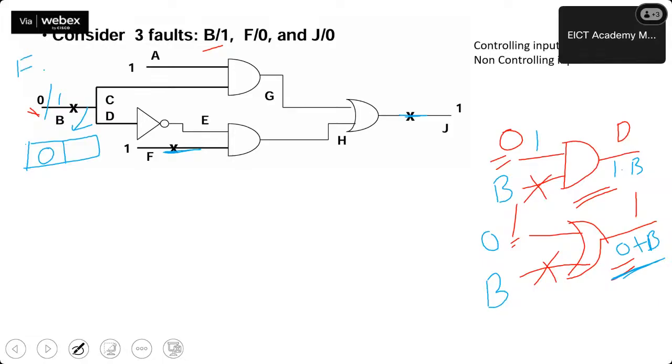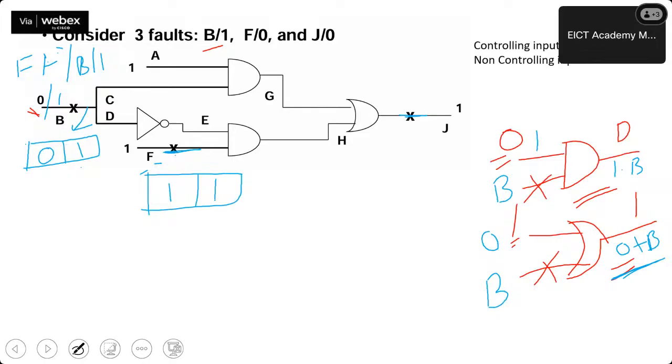First I'm going to take the fault-free and then the faulty. B/1, that is faulty, so the next one is 1. Likewise, I'll go for the next one. Does it really matter what the F value was if B was stuck at 1 and there was no fault at F? No, it really doesn't matter. So if 1 is the input, whether B is having a faulty value or not, I will be having the other value also, 1 over here.